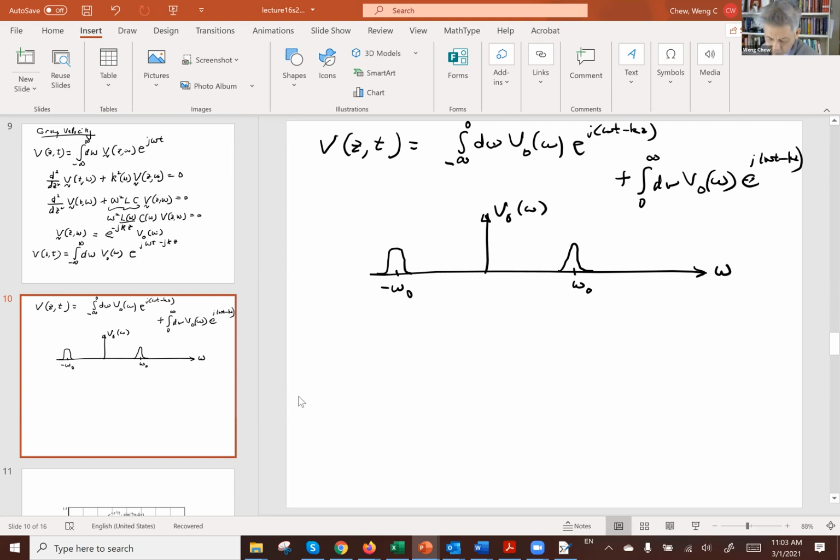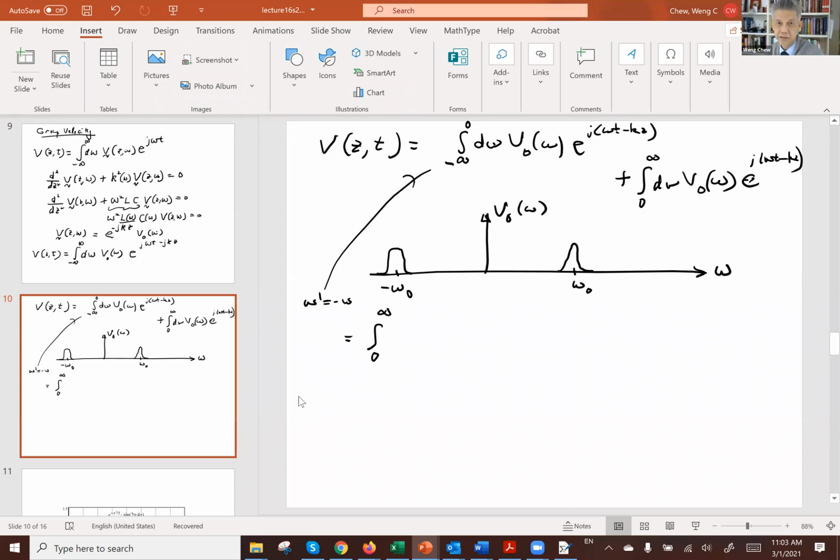Okay, and the two of them have to add up to be real valued because the left-hand side is real valued. And you can flip the integration of the first one to be from 0 to infinity by a change of variable.